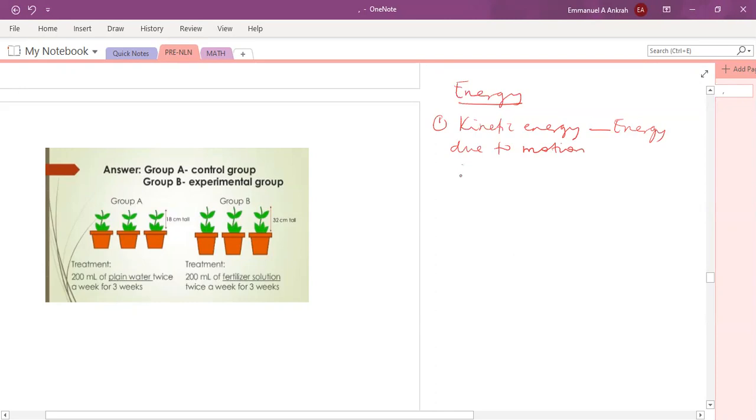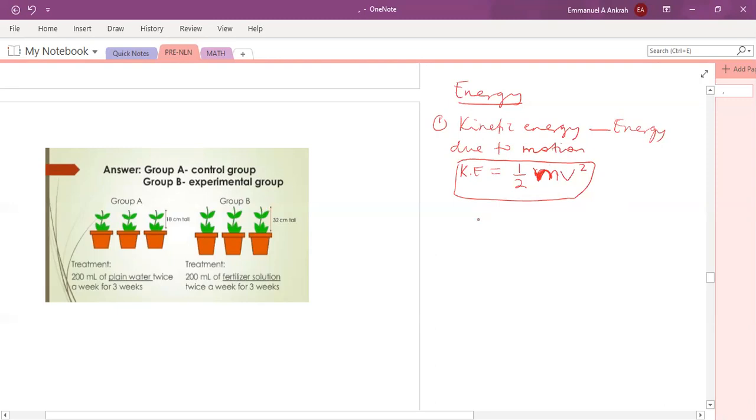And in physics, kinetic energy, let's call it KE, is equal to 1/2 times the mass times the square of the velocity. Okay, half mv squared, mass times velocity squared. So this is the formula for finding kinetic energy in physics.